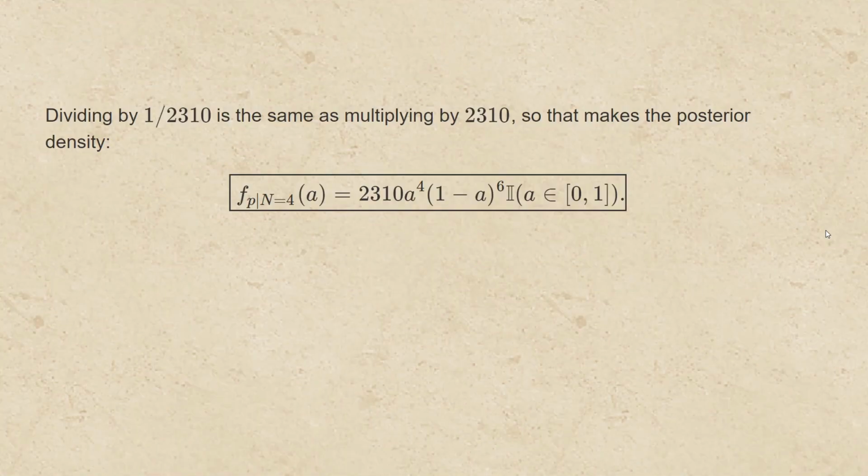Dividing by 1 over 2,310 is the same as multiplying by 2,310. So that makes the posterior density 2,310 times a to the 4th times 1 minus a to the 6th times the indicator that a falls between 0 and 1.